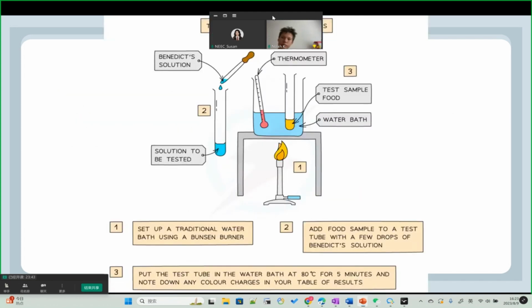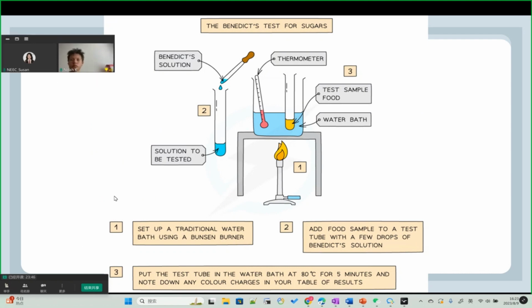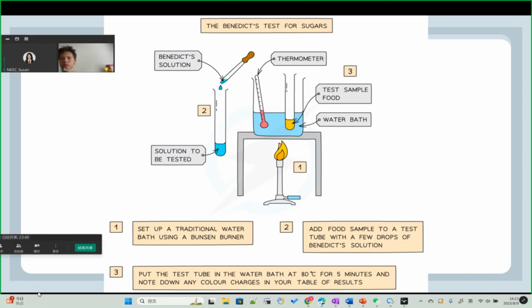And this one is the Benedict's test. Benedict's test is a little bit special because it requires warming. So the first step is you add the Benedict's solution into your food solution, and then you put it into a water bath to heat it.